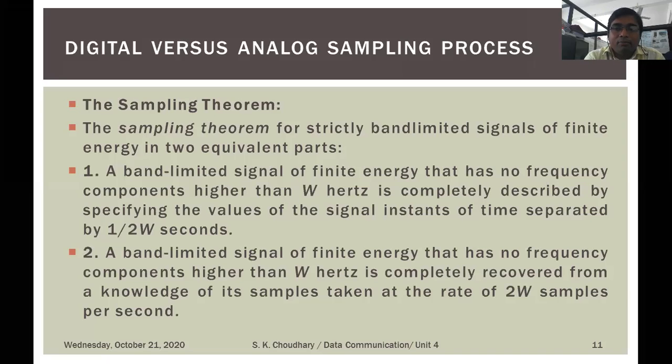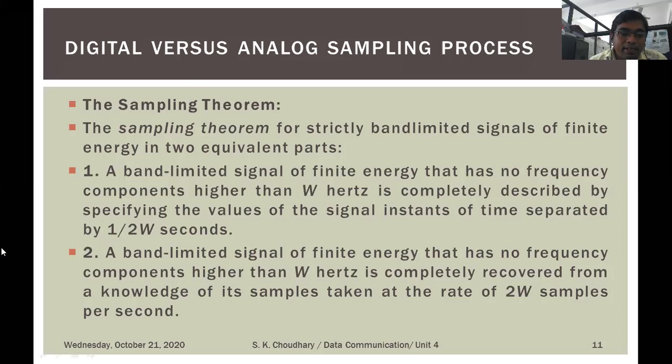The first statement is valid for the transmission of the signal, and the second statement is for the receiving of the signal. A band limited signal of finite energy that has no frequency component higher than W hertz is completely recovered from a knowledge of its samples taken at a rate of twice W samples per second.